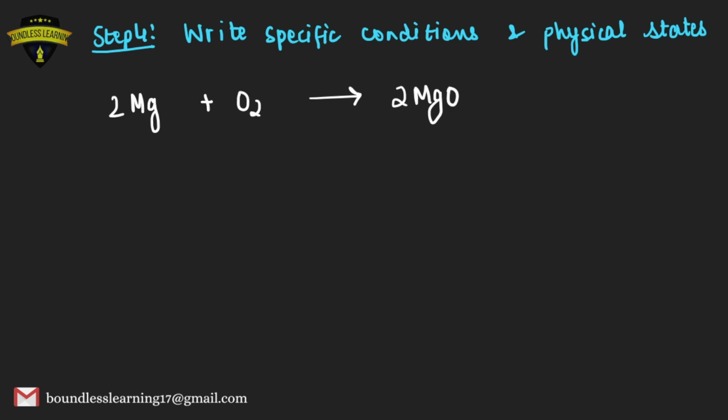Let's write the specific conditions: heat. Specific conditions done. Then write the physical states. Mg is solid, oxygen is gas, MgO is solid. So this is the balanced chemical equation in which we have mentioned the specific conditions as well as the physical states.